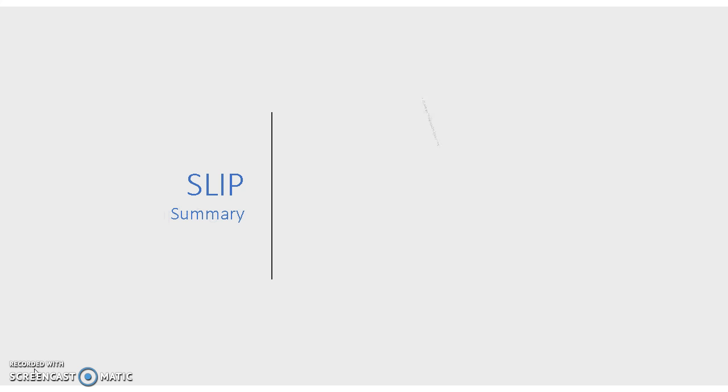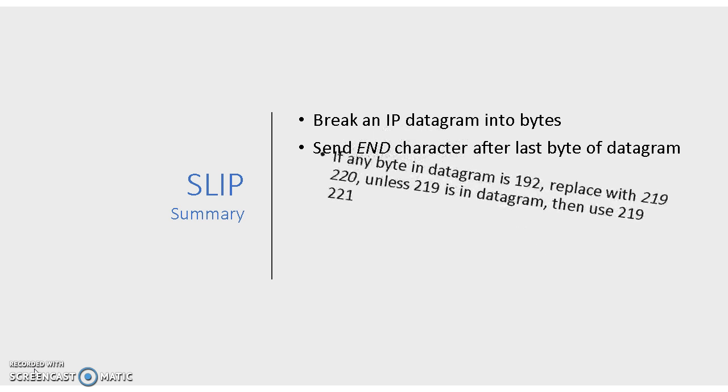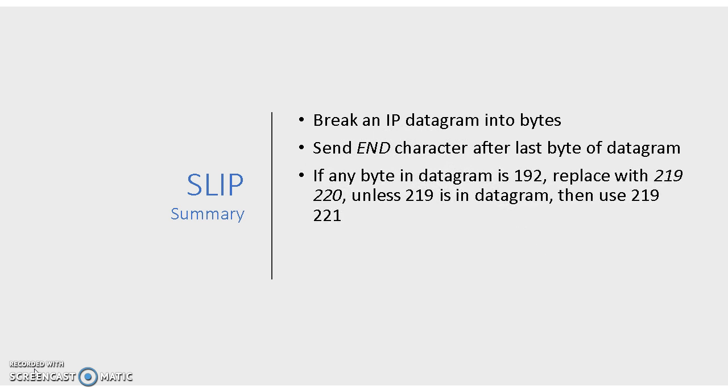This is kind of a summary of SLIP that I've put together. It breaks an IP datagram into bytes or single digits. It does send an end character after the last byte of a datagram. If any byte in a datagram is 192, it replaces that 192 with 219 220 in the datagram.